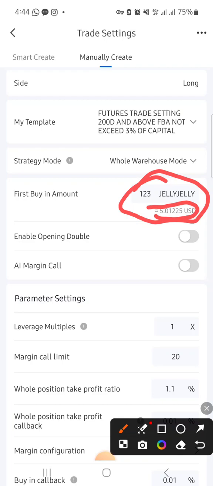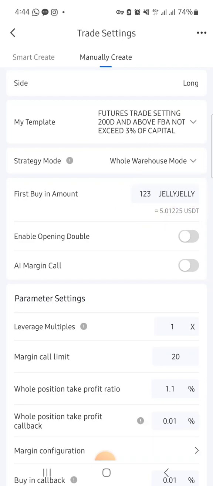So the 123 JELLY put there is actually the number of coins. That's how the settings in futures trade normally come. We do not put the USDT. Okay, so if my first buying amount here is $5, if that is what I want my first buying amount to be for this trade, then I'm good to go.